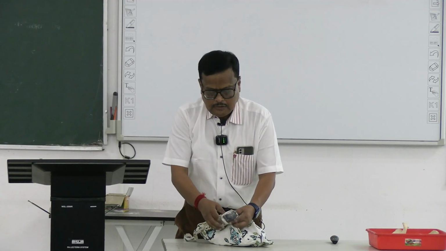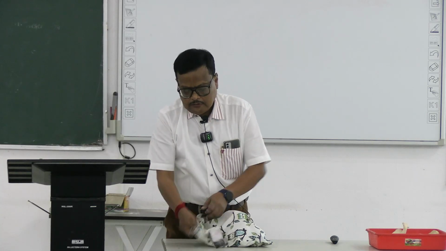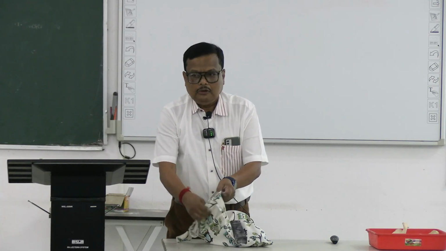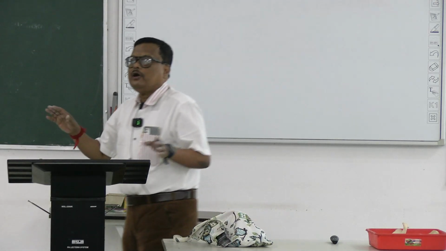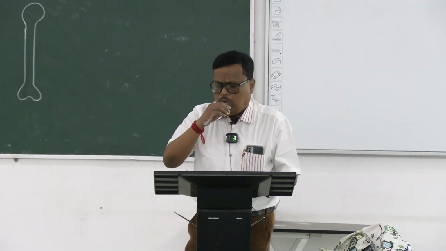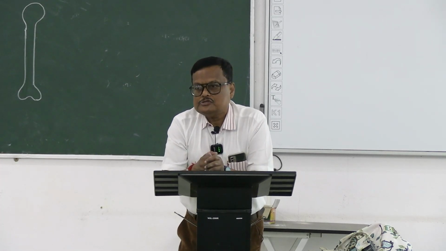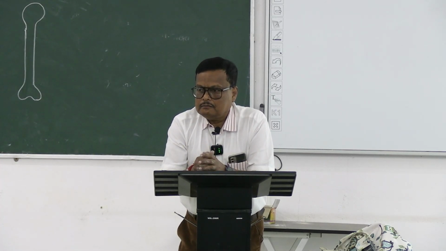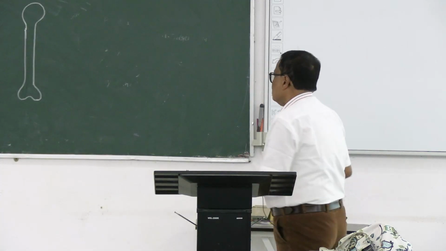And look, this bag has 2 layers, 1, 2. Similarly, the periosteum also has 2 layers. The outer layer consists of fibrous tissue, blood vessels, etc. And the inner layer contains bone producing cells, osteoblasts, and also bone destroying cells, osteoclasts, etc. So the periosteum has 2 layers.